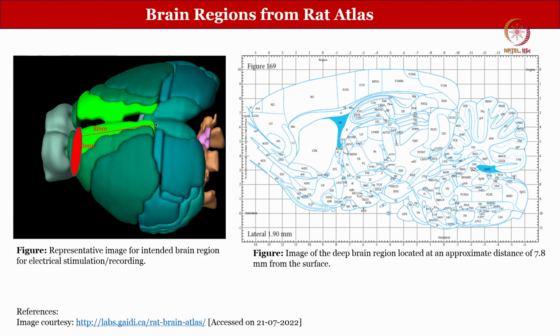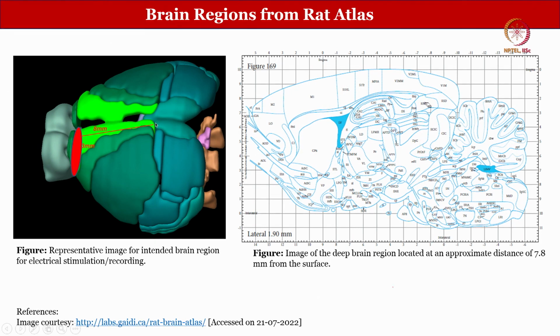If you see the slide here, there is an image of a deep brain region located at approximately 7.8 millimeters from the surface. This is all the way down, but here we do not have to worry about it.